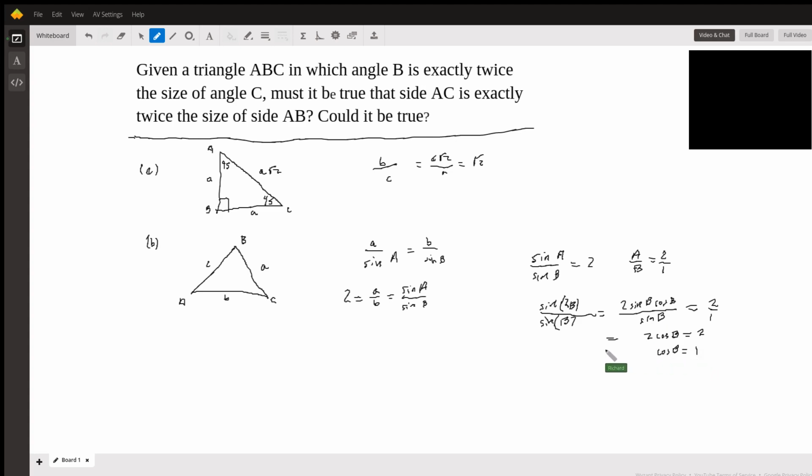And the angle whose cosine is 1 is 0. And that's the only way that would work. And of course, if the angle B were 0, you wouldn't have a triangle. So I would say no, it can never be true.